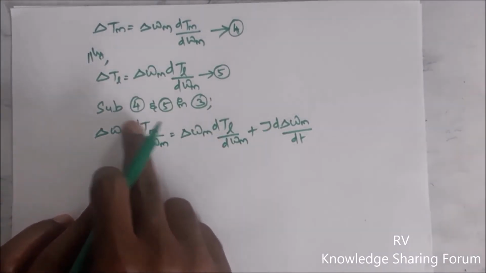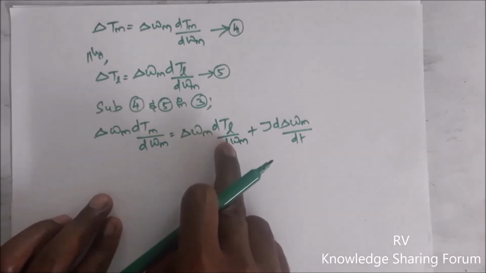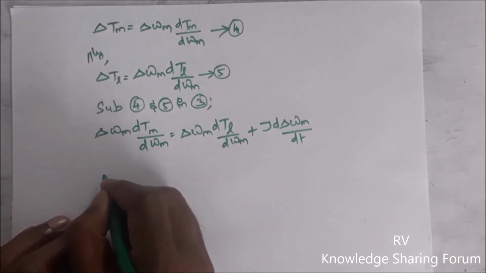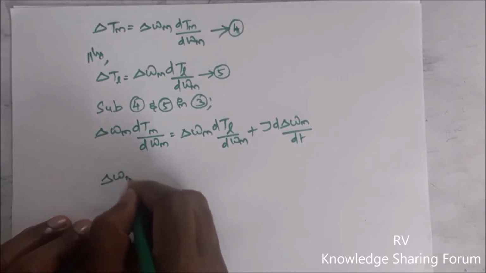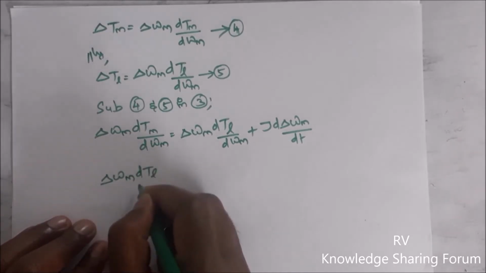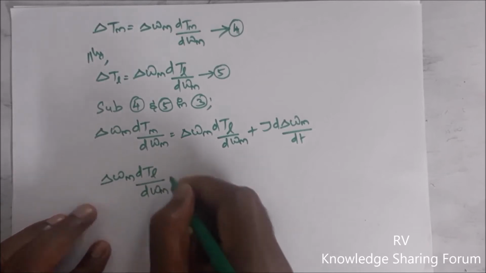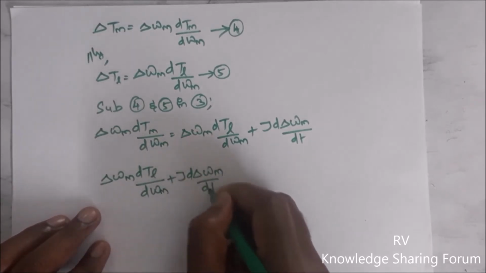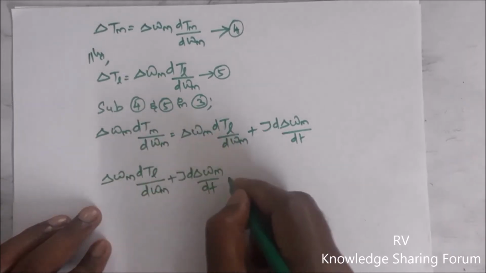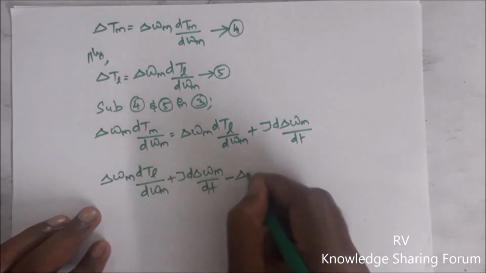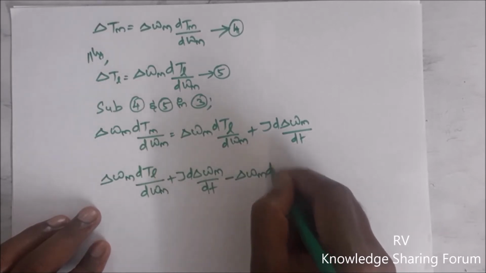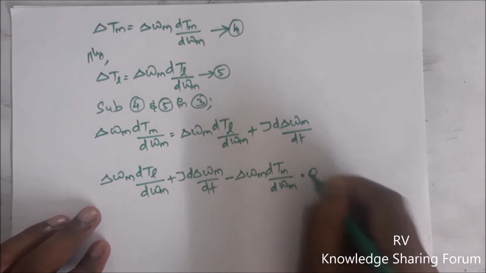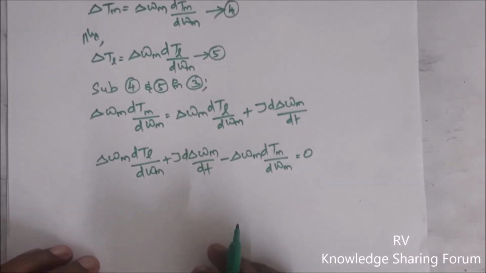Now just shift this term to the right hand side, a small rearrangement of this equation. So what will you get? Delta omega m dTL by d omega m plus J d delta omega m by dt. If you shift this term to the right hand side, this will become minus delta omega m dTm by d omega m equal to 0.